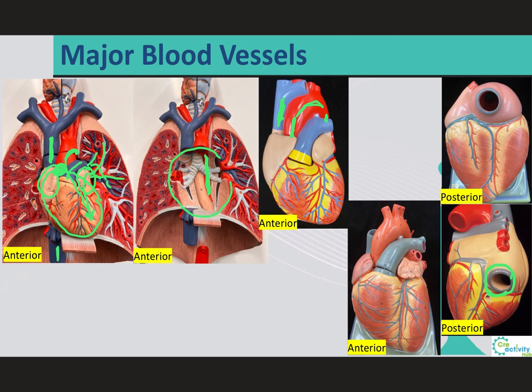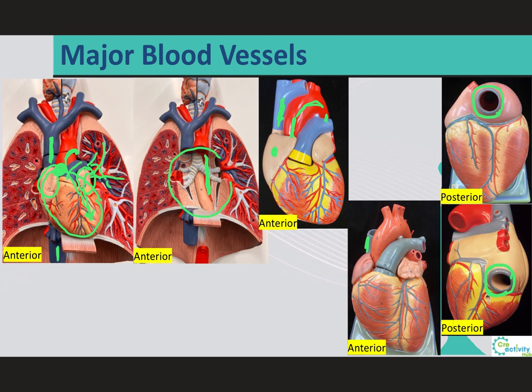On this other model, this would be the superior vena cava, and this is your inferior vena cava. And then it will also arrive inside of the right atrium through an opening, which is called the opening of the coronary sinus, which we will cover later on in this module.